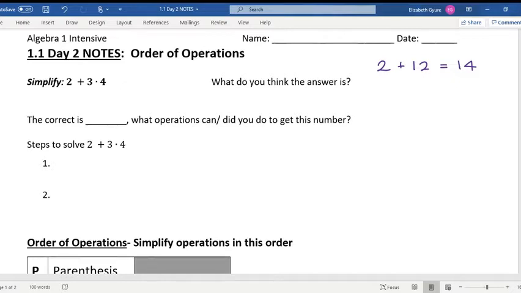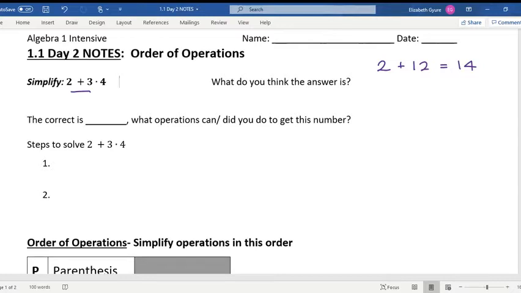Here's what happens a lot of the time. Owen's correct. But here's what happens a lot. Aren't you guys used to reading left to right? So doesn't it kind of just come natural to do math from left to right? So what a lot of people will do is add first and get 5, and then multiply by 4 to get 20.